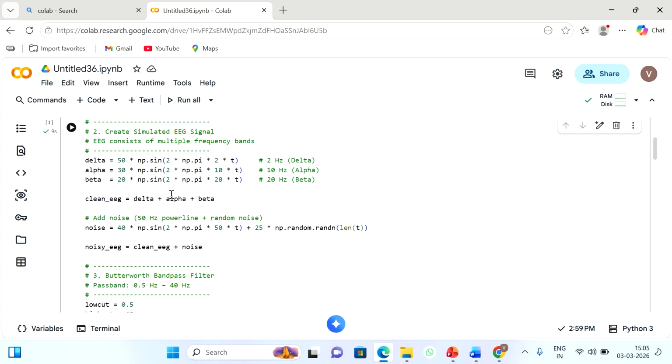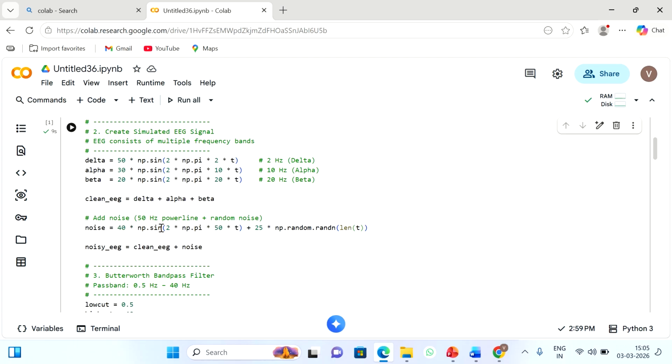Beta is 20 hertz, 20 microvolt, and it occurs in the active thinking brain state. The formula used is A sin omega t, where A is amplitude and omega is 2 pi f. Then clean_EEG is equal to delta plus alpha plus beta. All three are components of clean EEG, and this creates a realistic EEG signal containing multiple frequency components.